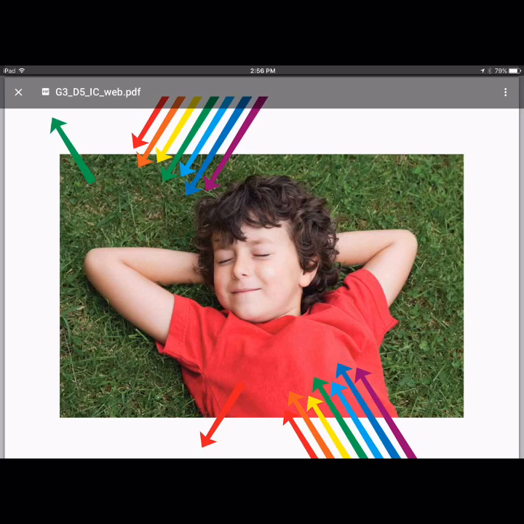When you look at objects of different colors, like green grass or a red shirt or a blue balloon, what can you say about the other visible light waves that hit the objects? Well, if you said they're absorbed by the object, you're right.